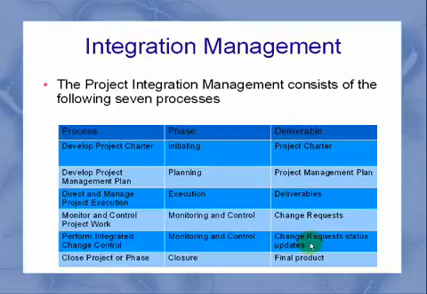So you update the status, whether the change request has been completed, or if for some reason the board decided not to go with the change request, then the reason for the rejection. And finally we have the close project or phase process, which is in the closure phase, and the final outcome of that process is the final product.